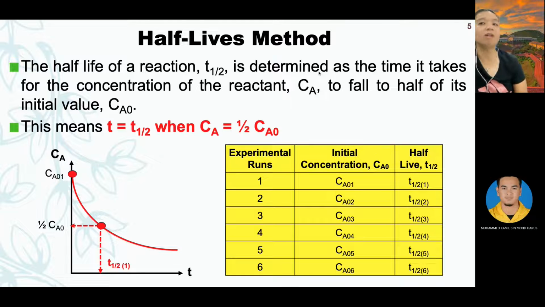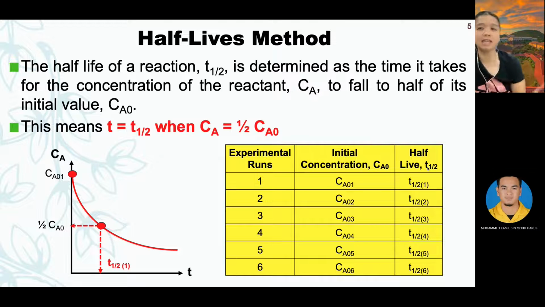But first of all, you have to understand apa tu half-life. For half-life, we use the notation or the symbol T subscript 1/2, T half basically. So apa tu T half? T half is basically the time needed for your initial concentration to become half of its original value.